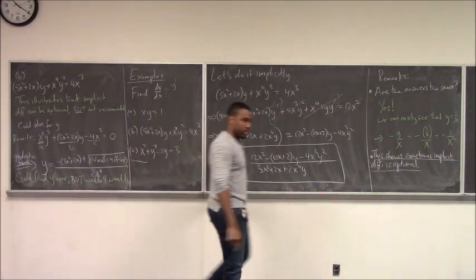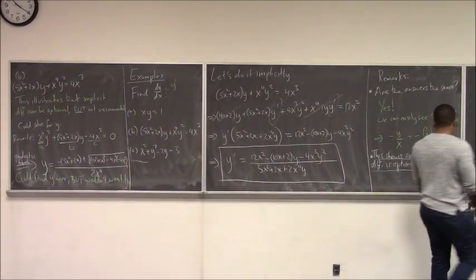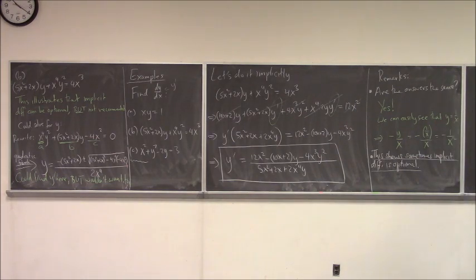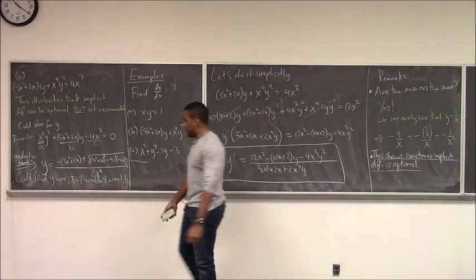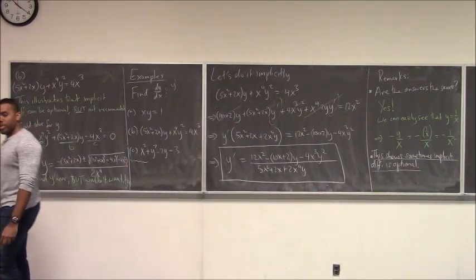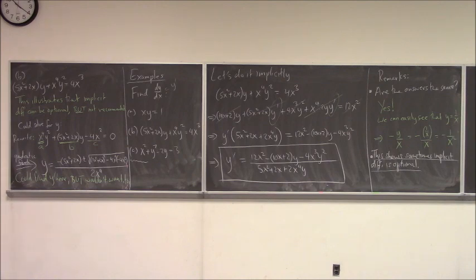It wouldn't be a very nice time. So there are times when implicit differentiation is optional, and it's easy to do it one way or the other. There are other times when it is optional, but you wouldn't want to do it. Like in this case, you wouldn't want to do it without implicit differentiation.